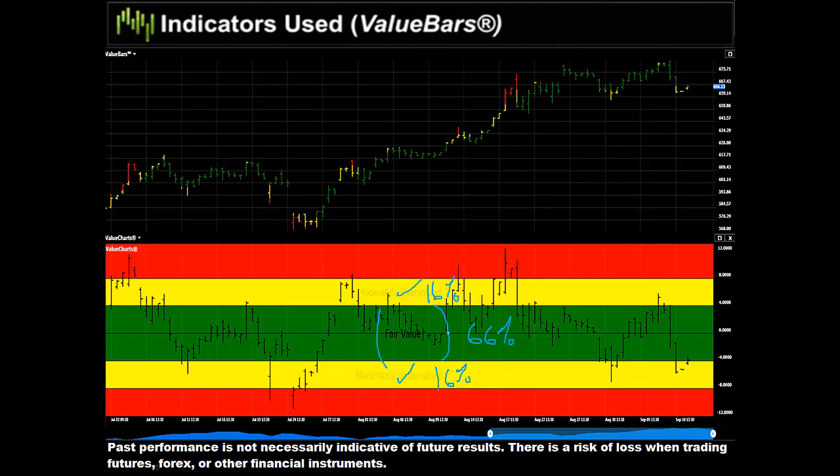Remember my example with the cars, okay? This is overvalued, this is undervalued. Now, if we get into an extreme, into the red significantly overvalued, or the red significantly undervalued down here, well, that's only in the red valuation zones 1 to 2.5% of the time combined.